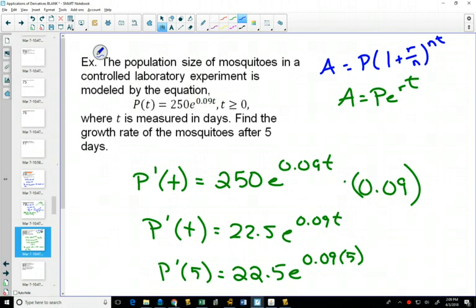So in this one, this one's in days, so this would be 9% per day, which isn't very much. Because if you think about it, 10% of 250 is 25. So in one day, it's changing at 25 per day. But after 5 days, you would have more mosquitoes.